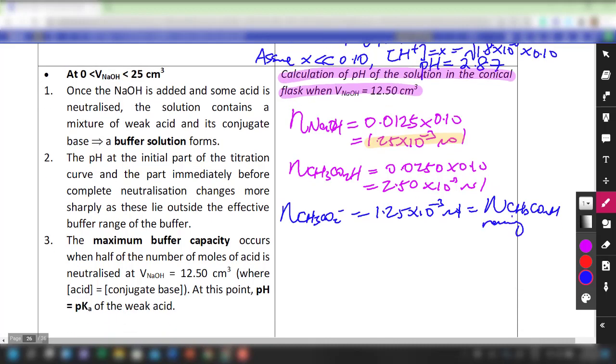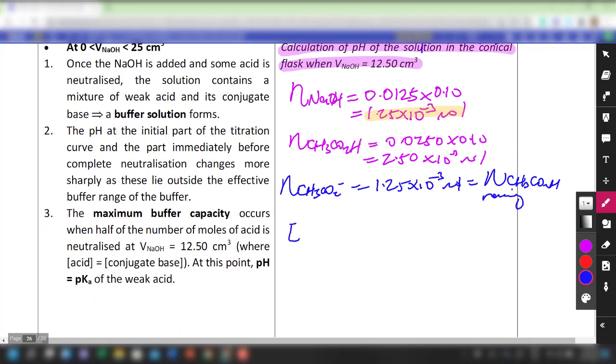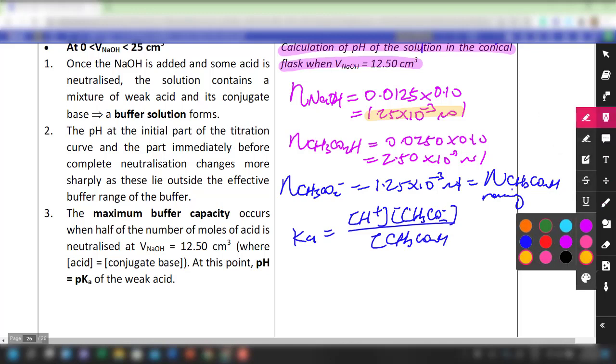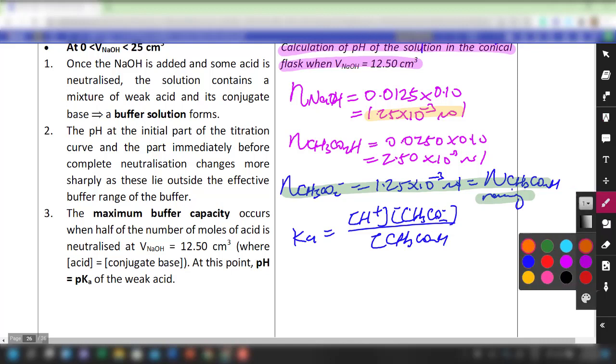Because of that, I can determine the concentration of H+, or rather I can write out the K expression. Ka equals the concentration of H+ multiplied by the concentration of ethanoate, CH3CO2-, divided by the concentration of ethanoic acid. Because the number of moles of ethanoic acid and ethanoate are the same, these two can be cancelled away.